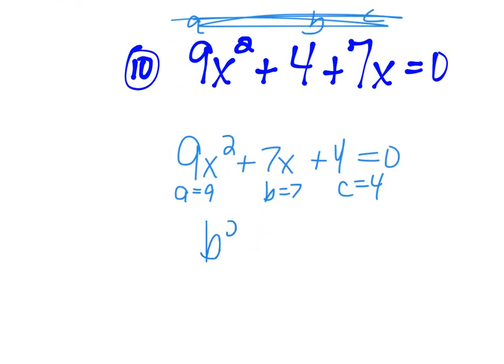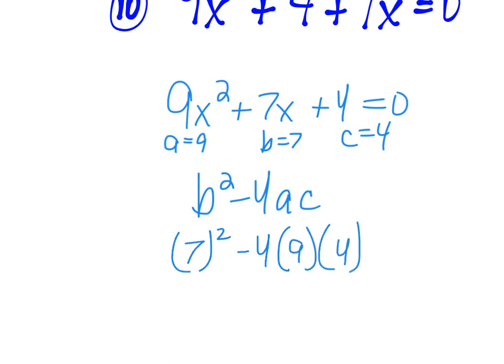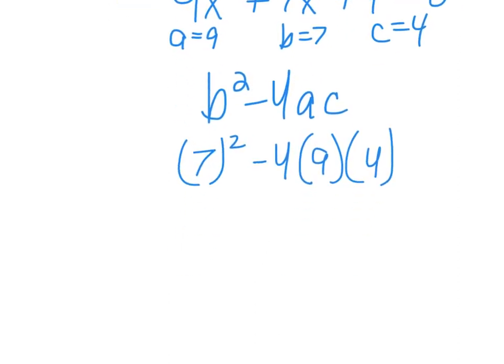So my discriminant is b squared minus 4ac. So I have 7 squared minus 4 times 9 times 4. Same thing keeps coming up. What is 7 squared? 49. And what was 4 times 9 times 4? 144.